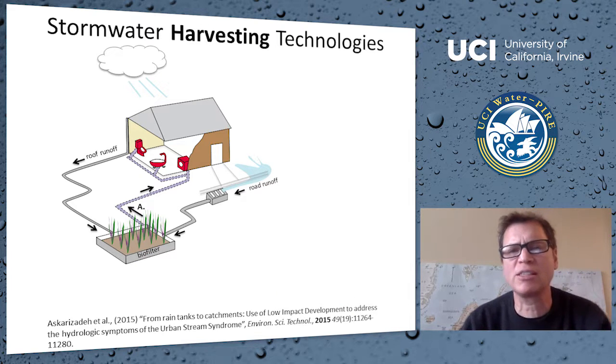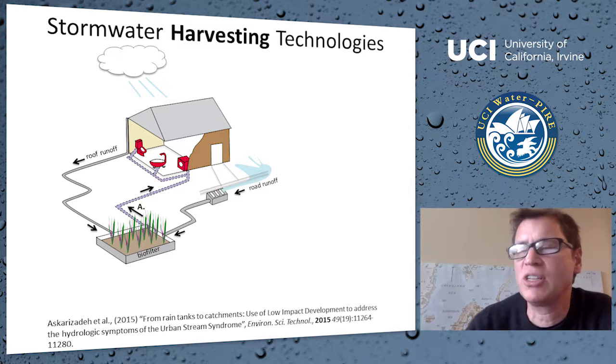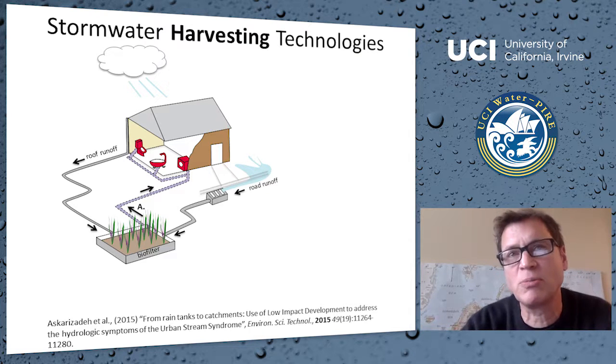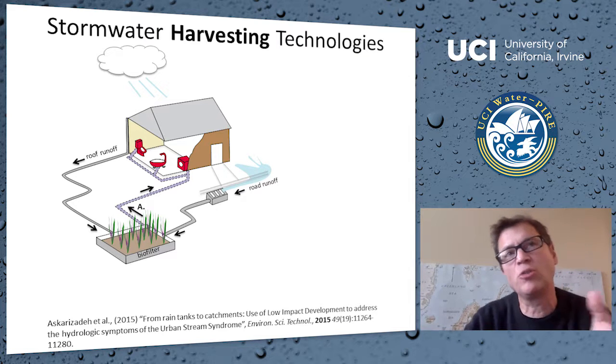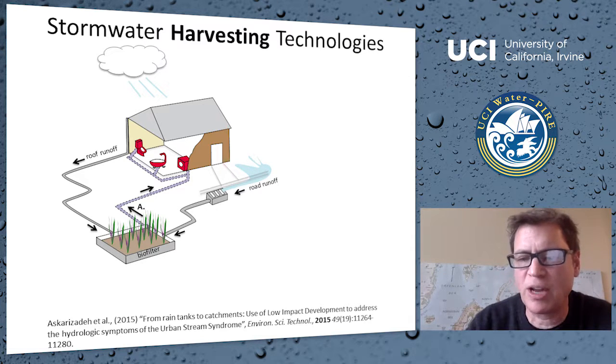So if you go to the next slide, you can also operate a biofilter in a harvesting framework by simply lining it so that the water, as it filters through the system, does not then enter the local groundwater, but instead goes into a pipe, which then you could treat and pump back into your home for maybe toilet flushing and other activities.